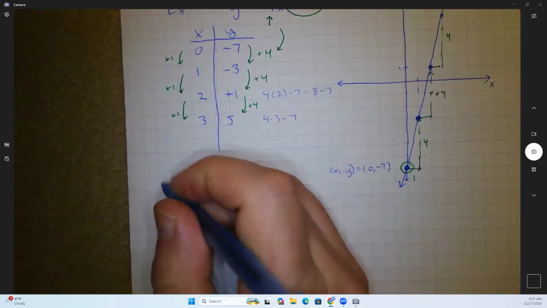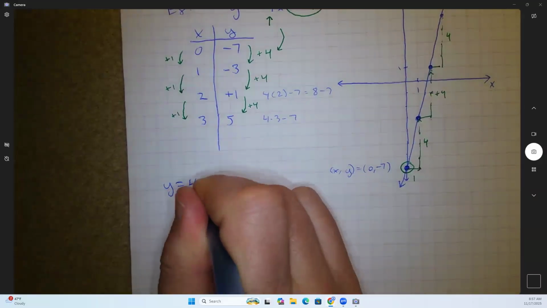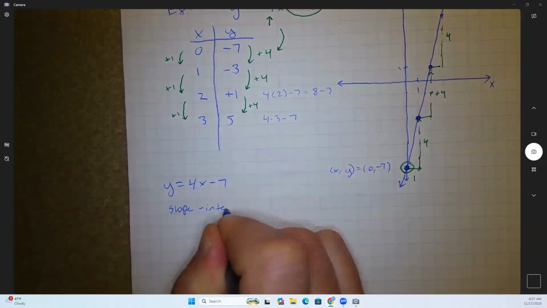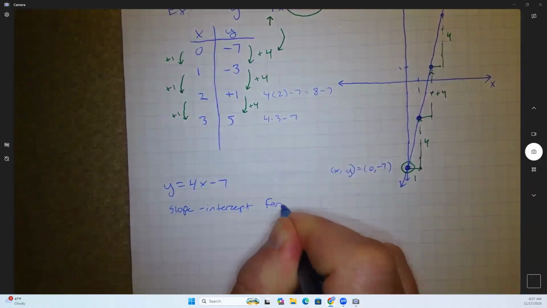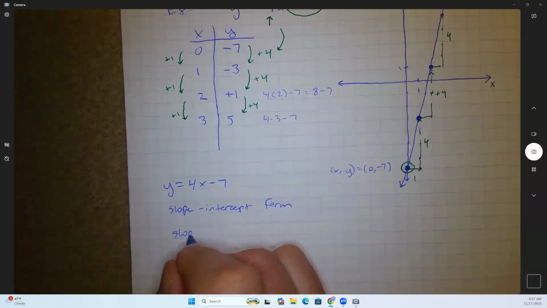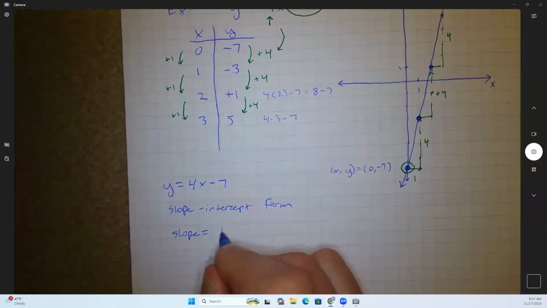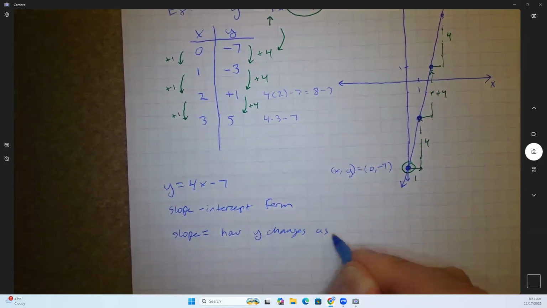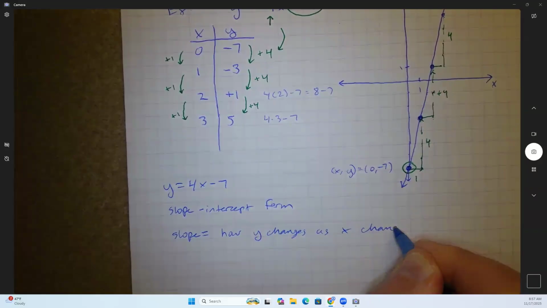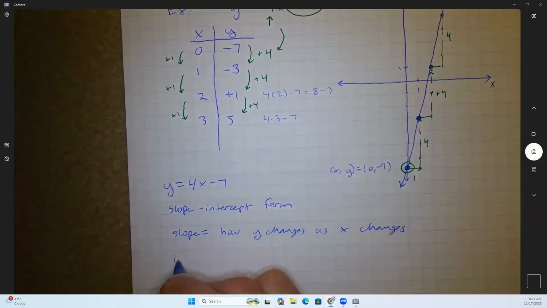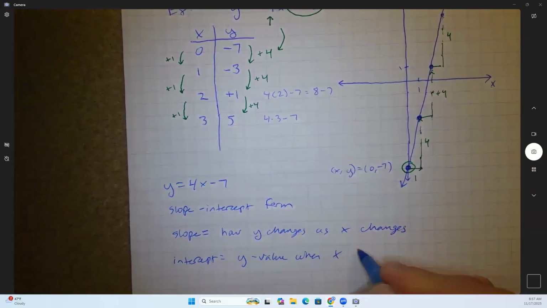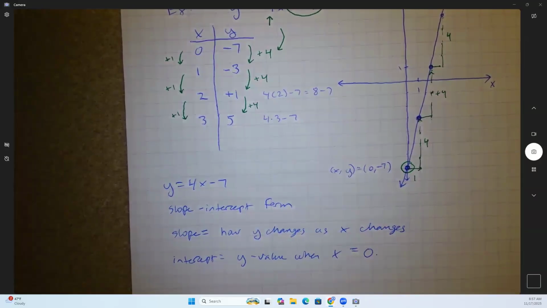So this equation, y equals 4x minus 7, is what's called slope-intercept form. The slope is how y changes as x changes, and the intercept is the y value when x equals 0.